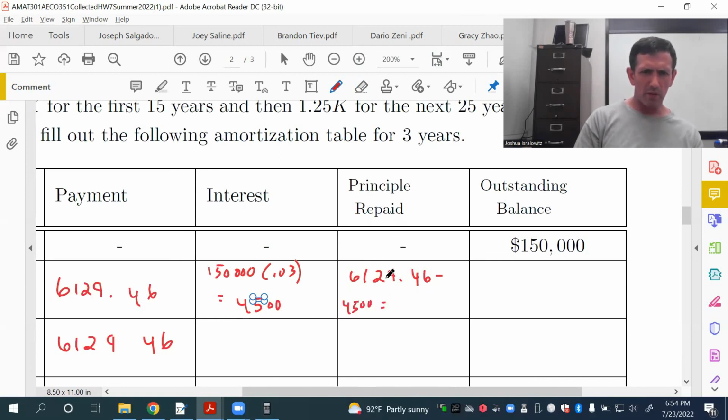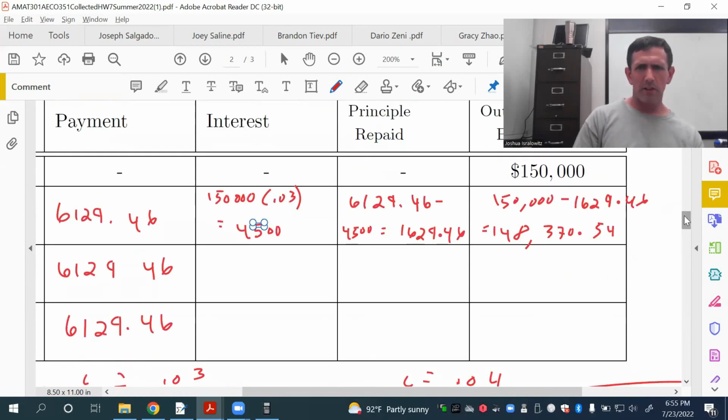I get 1029. Sorry, 1629.46. $150,000 minus 1,629.46 gives you 148,370.54.